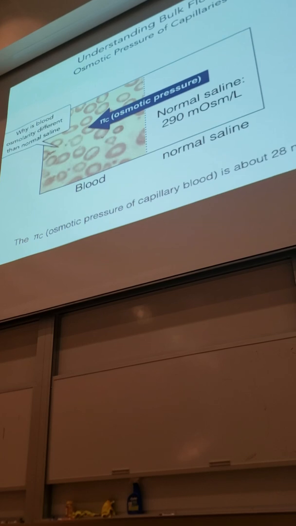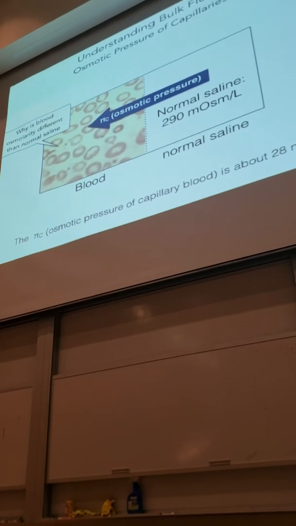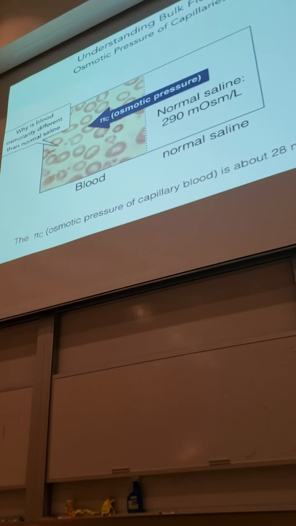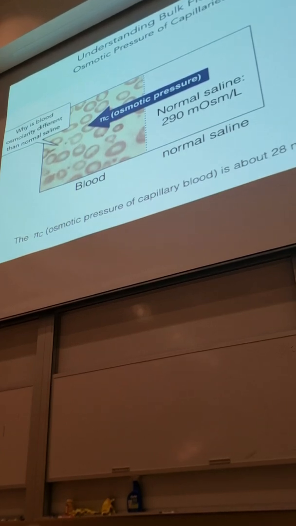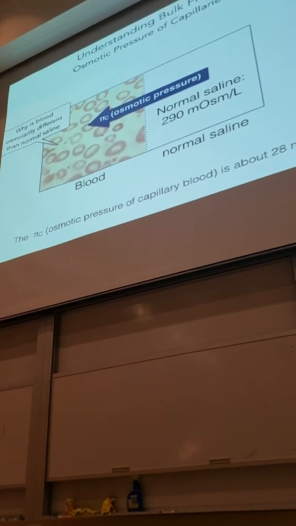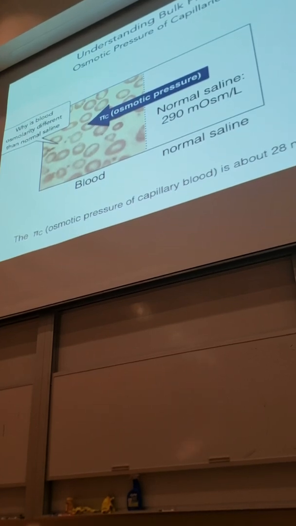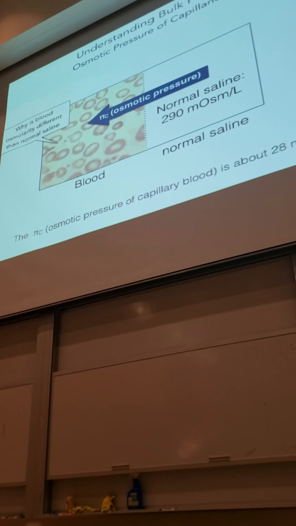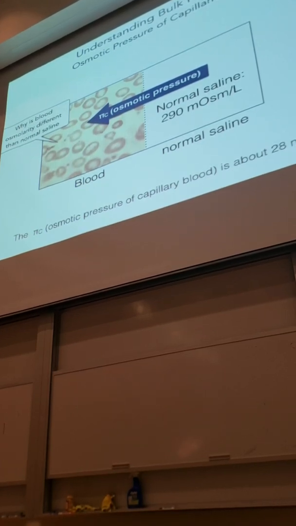And blood's osmolarity is a little bit different. It's very close, but it's a little bit different. What do we have here in blood? Dissolved in plasma. That's not present in our normal saline. So I have one vote for cells, one for proteins.